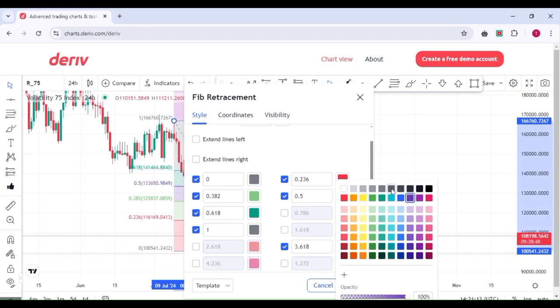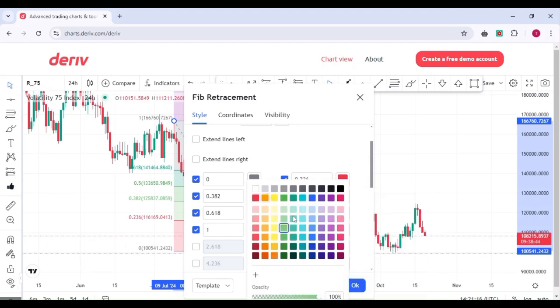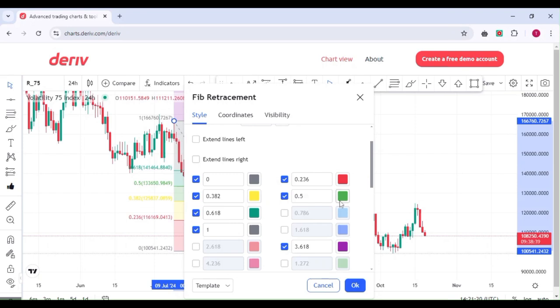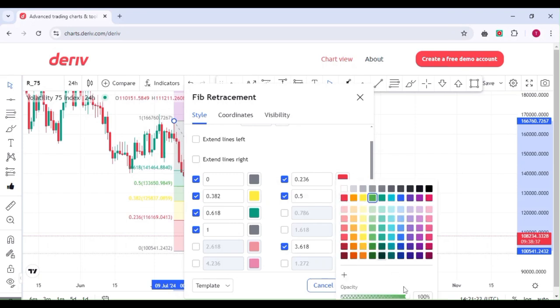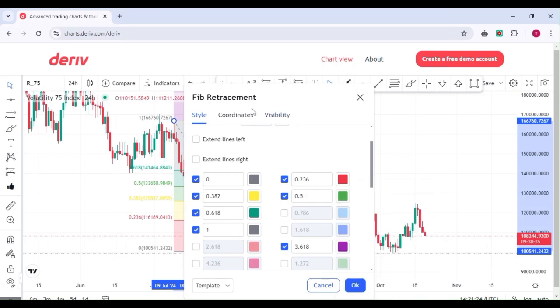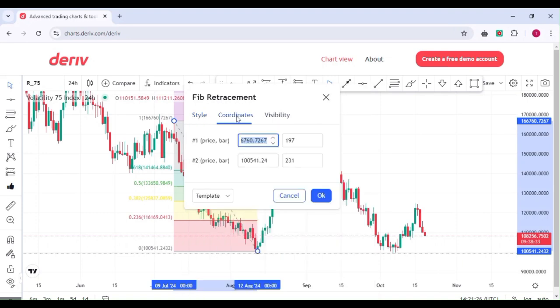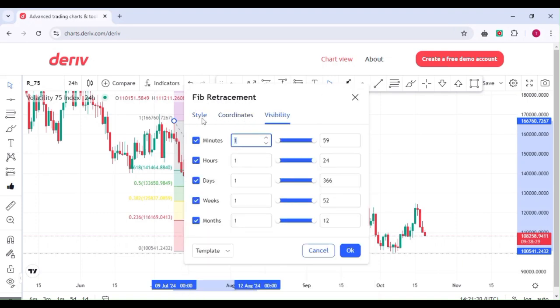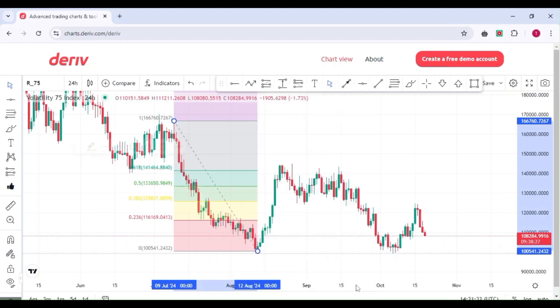So I'll make mine, let's just use the green, and then for this one let's use the yellow. So for the visibility, it's 100, it's good. All the others should remain default, no issue. Then click OK.